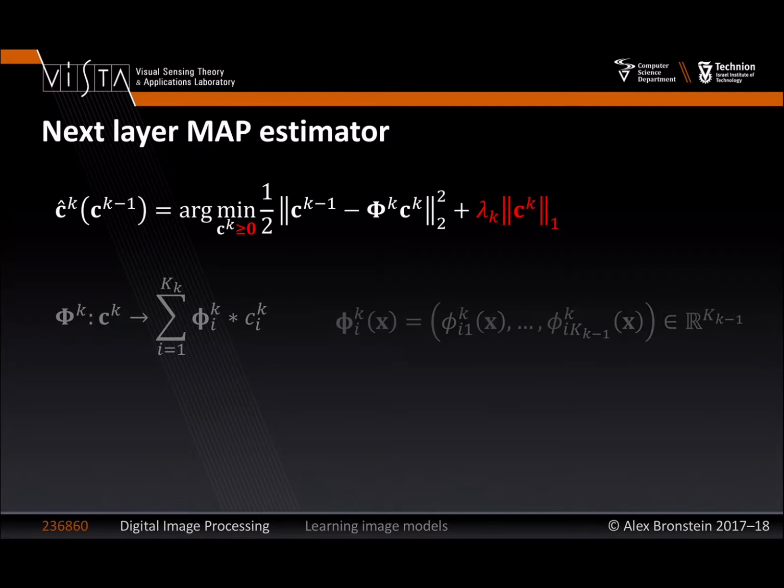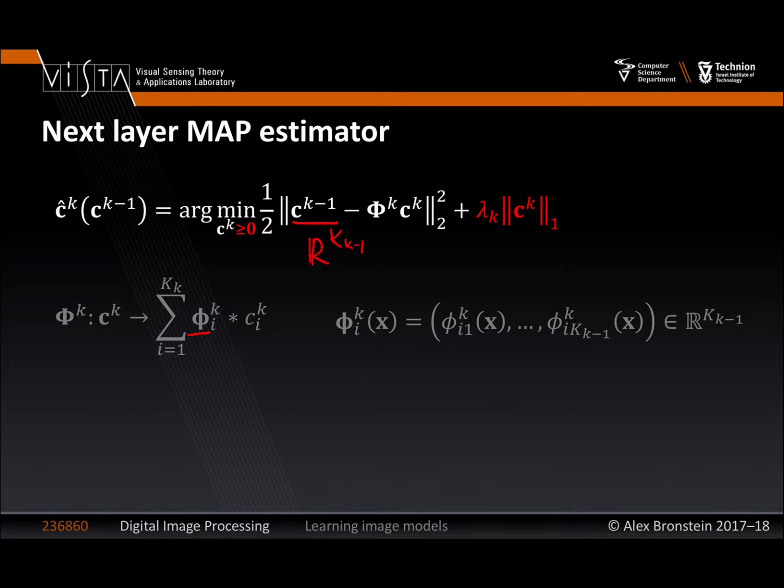Just one more technical detail. Now, you see I'm using a boldface because now this function C is multidimensional. Basically, it's a vector valued function. So the values here are in R to the K k minus 1. Okay.